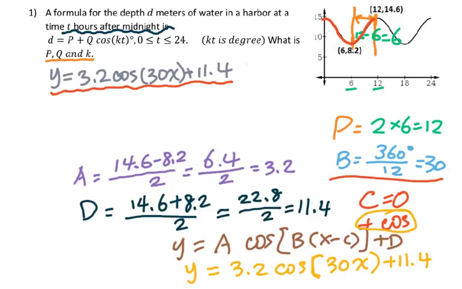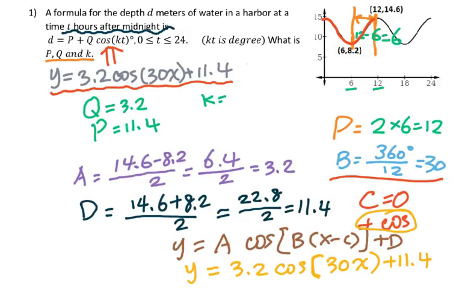Let me rewrite the cosine pattern we got from the given graph. It's time to compare to the given pattern now, so that we can figure out the value for each variable. We got Q equals 3.2 and P equals 11.4. How do you get the K?